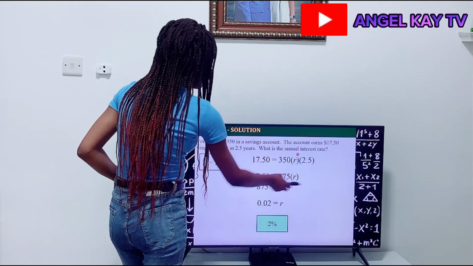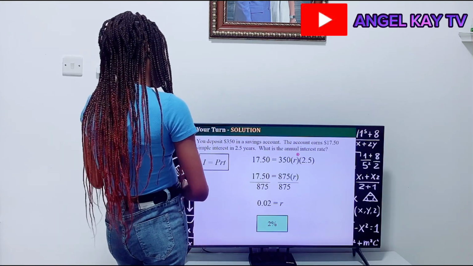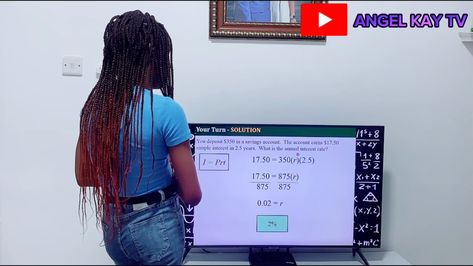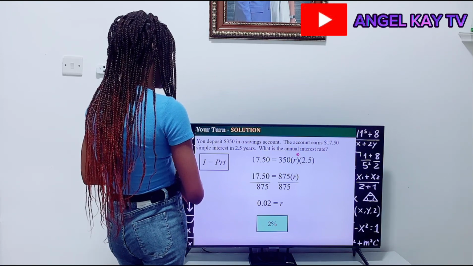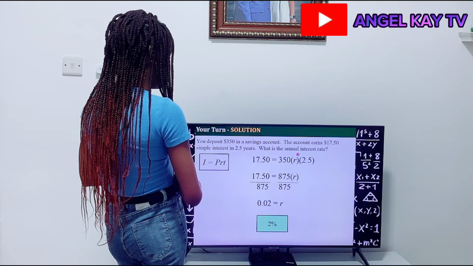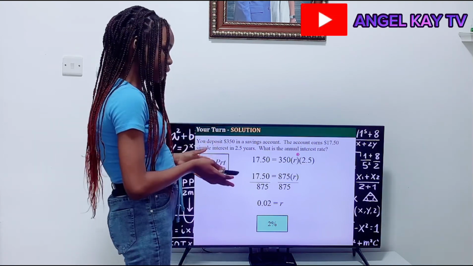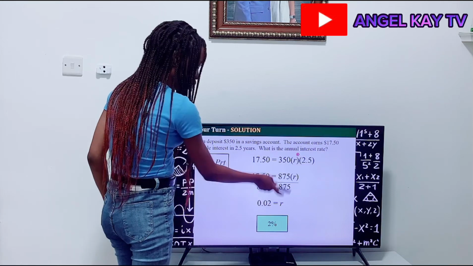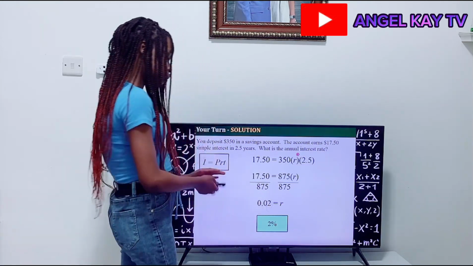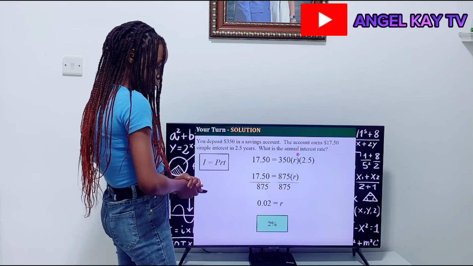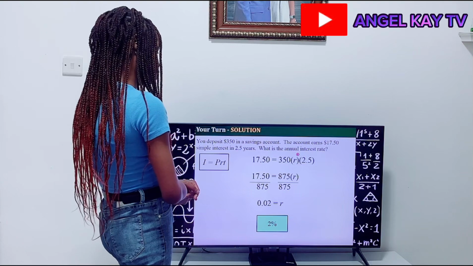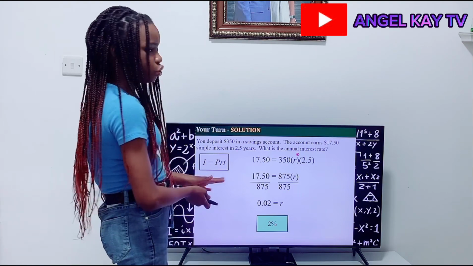Bring down our R. So now we have $17.50 divided by $875, which will give us 0.02. As the same one, how to get the percent sign, as you can see over here, is to move the decimal 2 places to the right. So that means the annual interest rate is 2%.